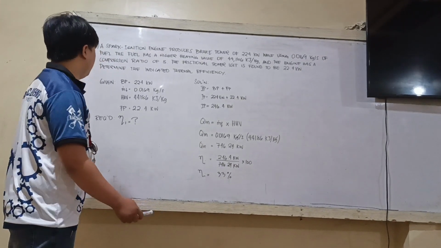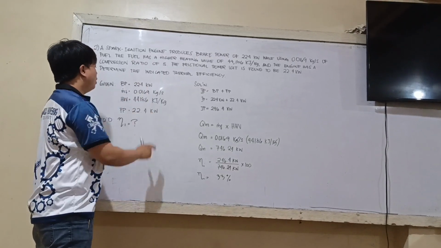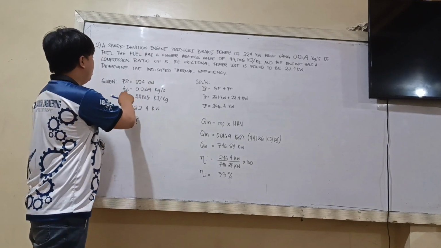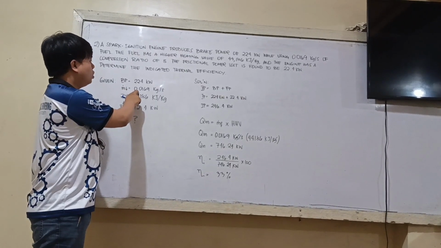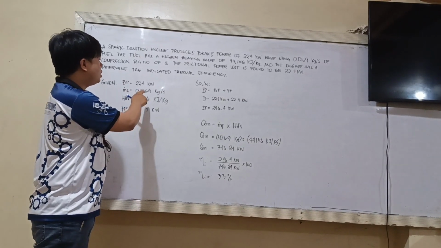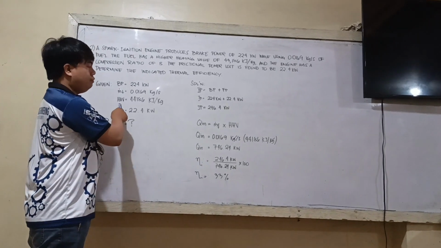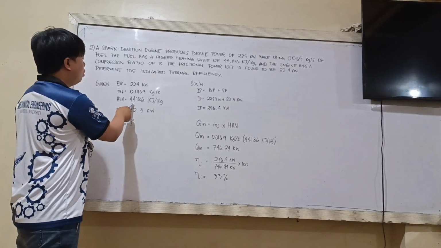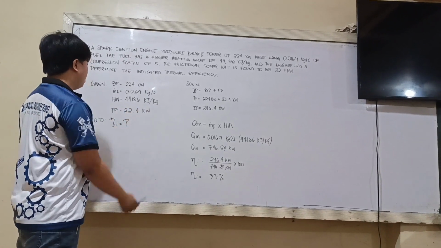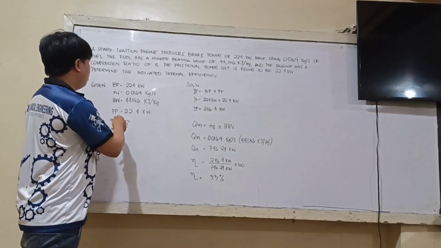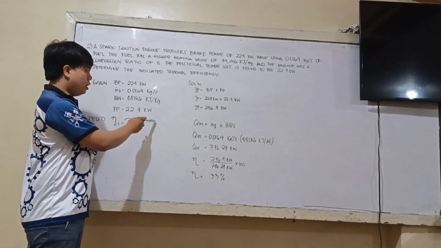So our given, we have a brake power of 224 kilowatts and mass flow rate of fuel, which is 0.0169 kilogram per second. Our higher heating value, which is 44,186 kilojoules per kilogram, and our frictional power is 22.4 kilowatts.